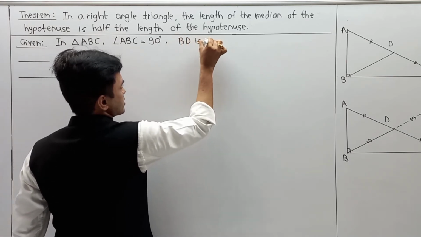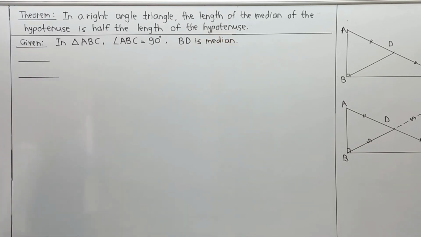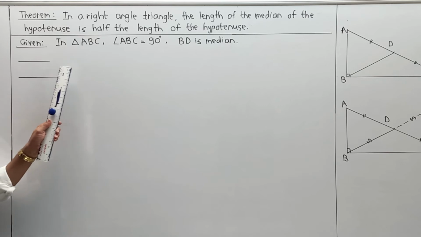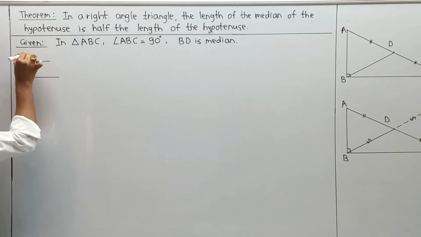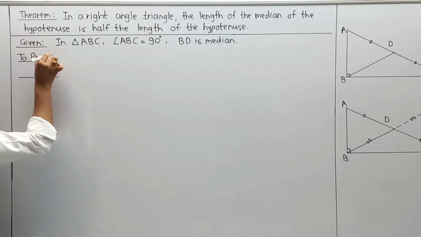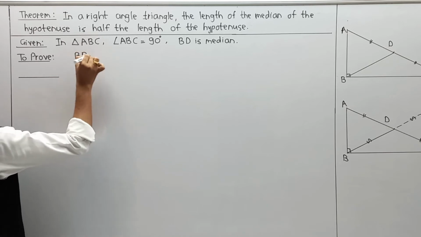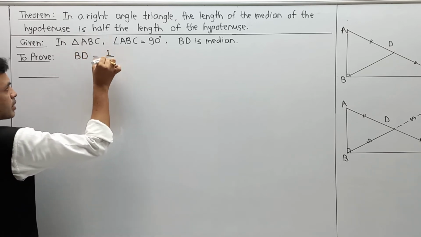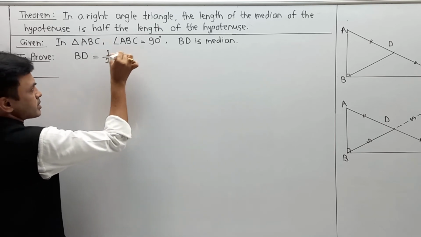This is the given part for us. Now we have to prove that the median is half of the hypotenuse. Means to prove, the median as per the diagram is BD. So BD is half of the hypotenuse, and the hypotenuse is nothing but AC.